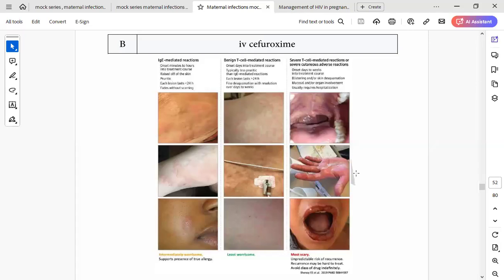But the benign T cell mediated reactions, which is some rashes, maybe vomiting, are considered to be mild allergy.